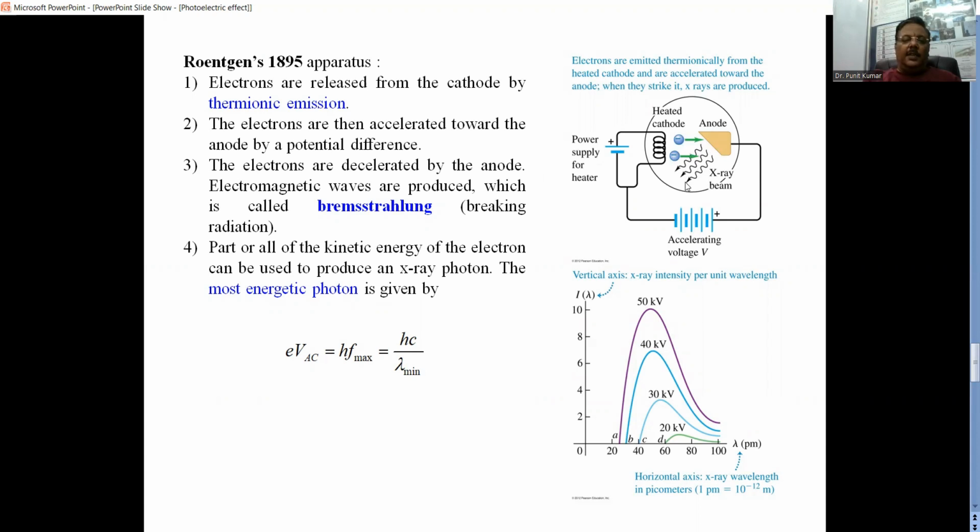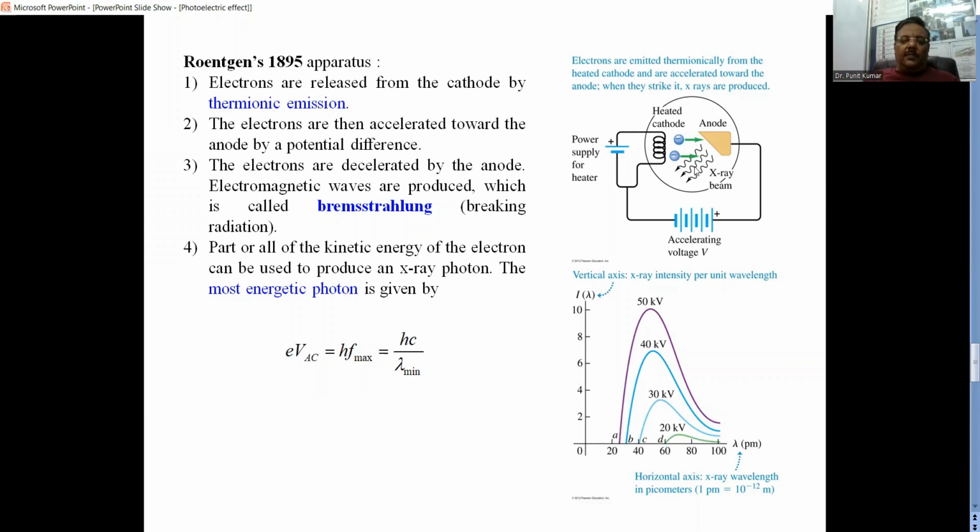These are high energy X-ray beams. The electrons are emitted due to thermionic emission. The electrons are decelerated by this anode, and the braking of this radiation is called Bremsstrahlung.